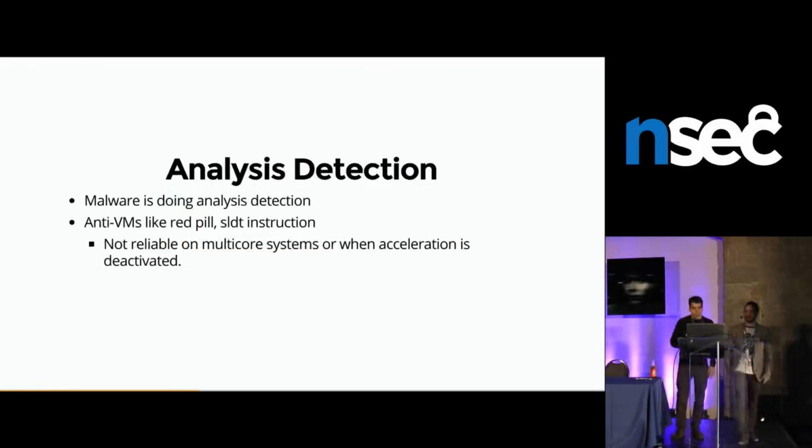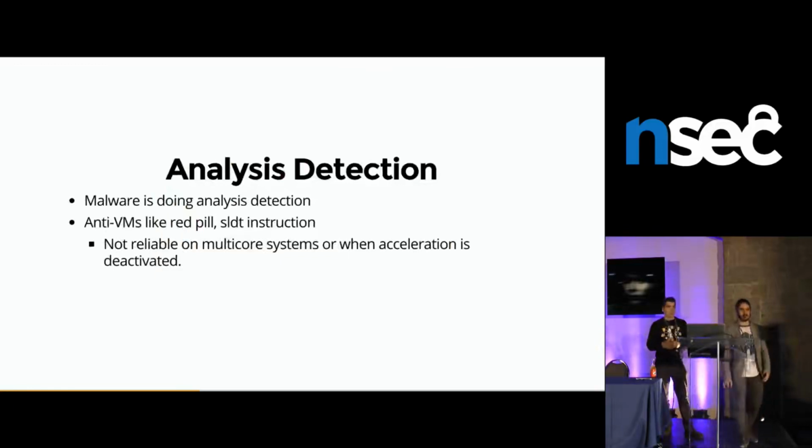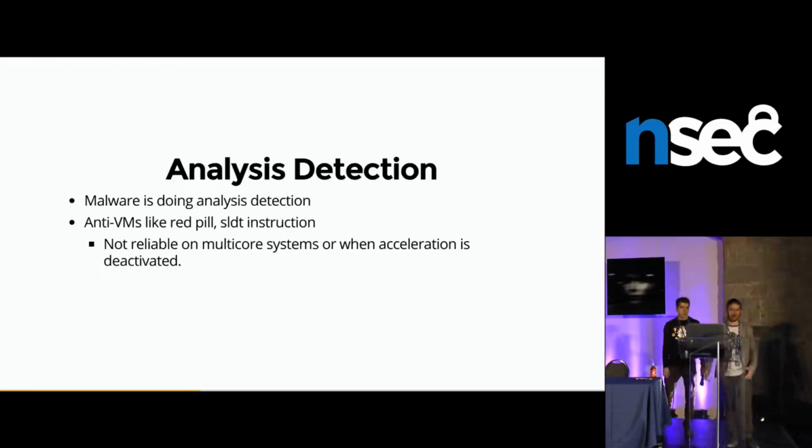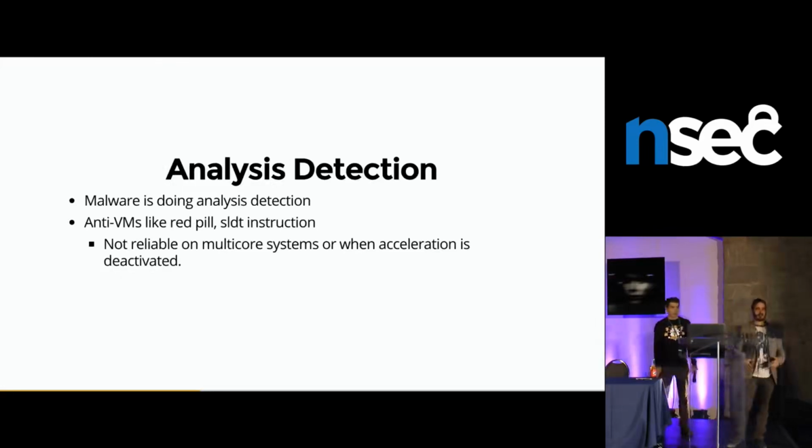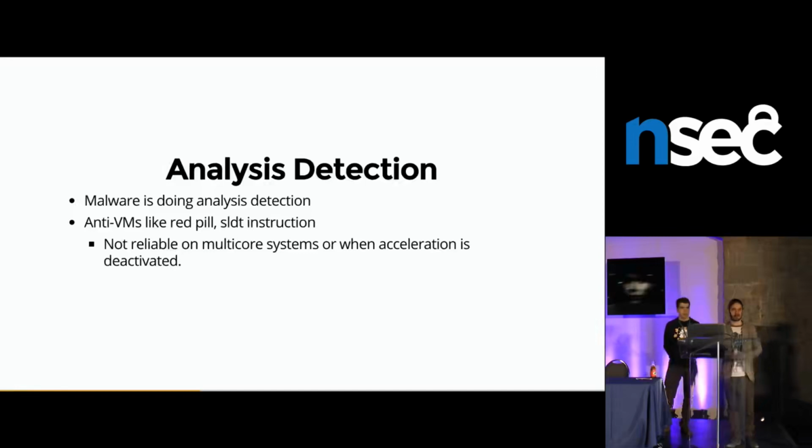One other problem is malware authors really want to know if they're being tracked or not. There are a couple of ways to do that. One of them is anti-VM, like the red pill, the SLDT instruction, to detect that they're inside a virtual machine. There is probably analysis behind that, so they just don't want to run on that system, and then nothing has been done.